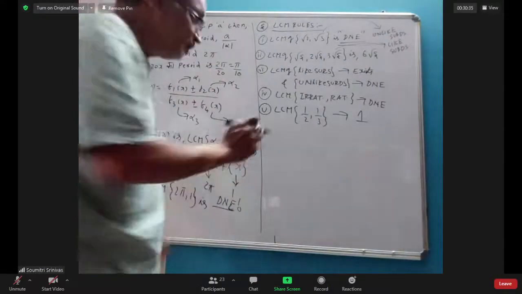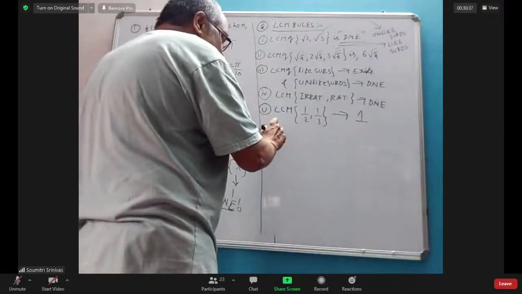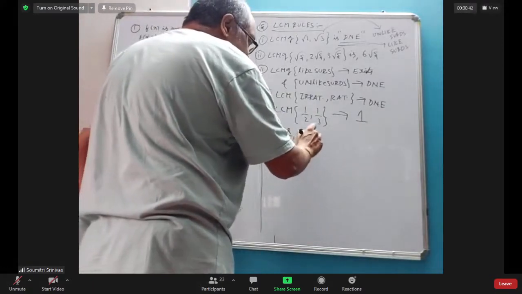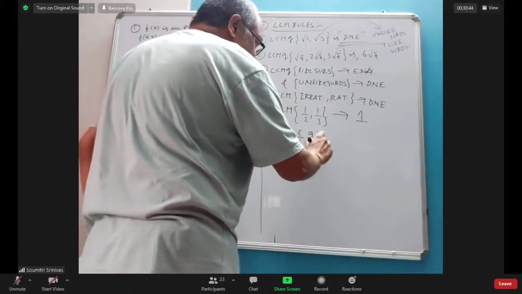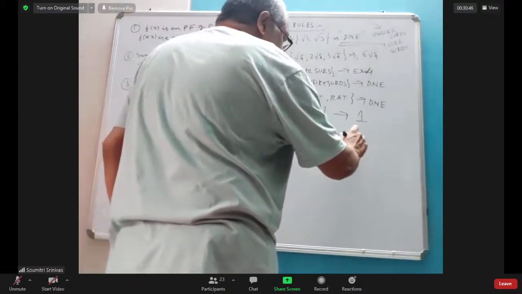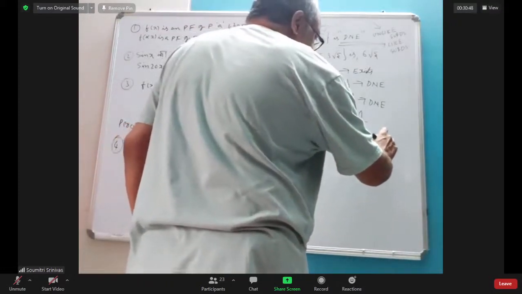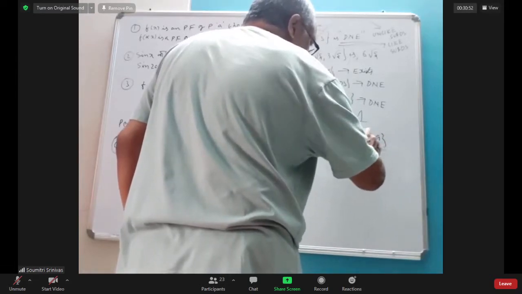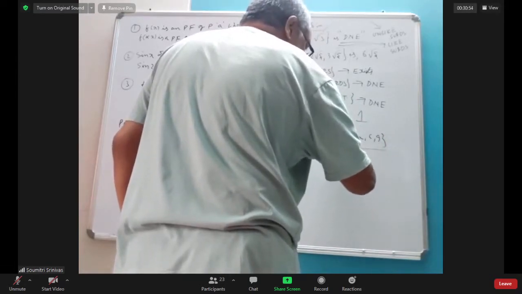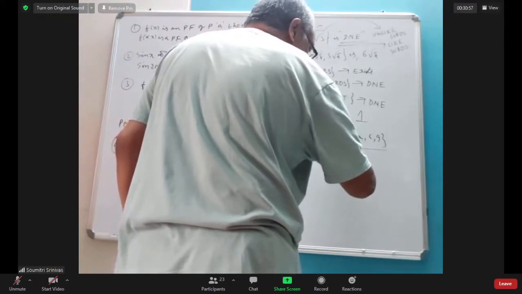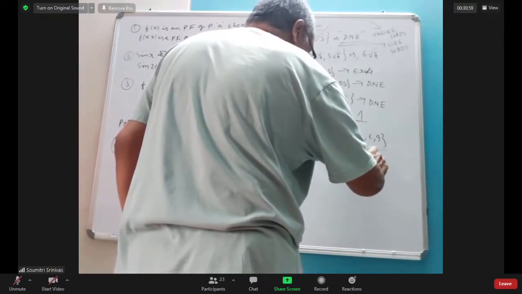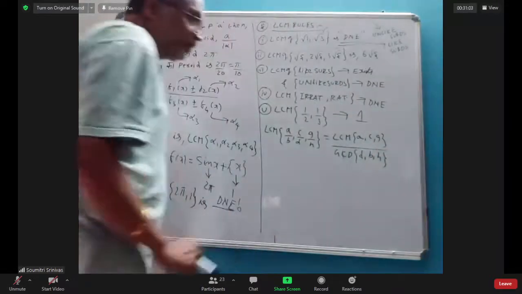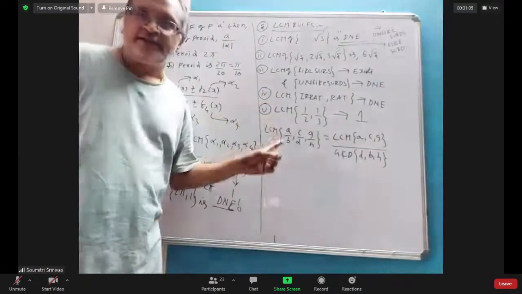What is the rule? LCM of A by B, C by D, G by H is equal to LCM of numerators A, C, G by GCD of denominators B, D, H. What is LCM of 1 by 2, 1 by 3?